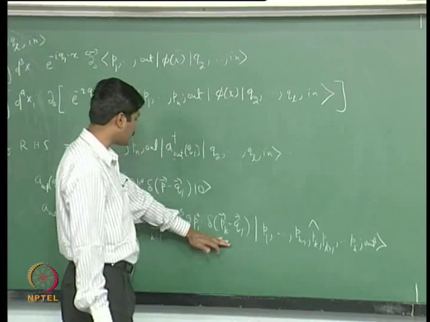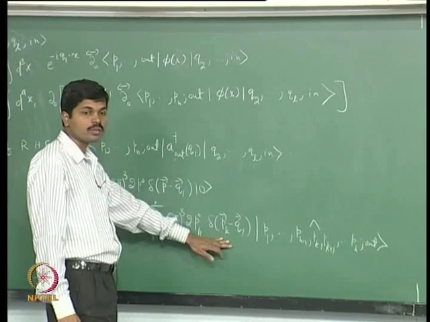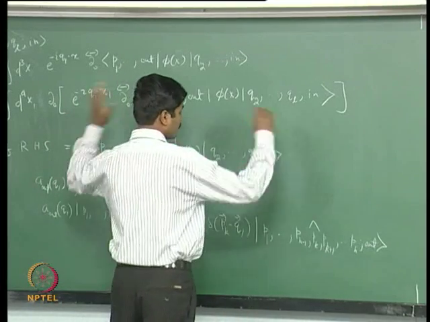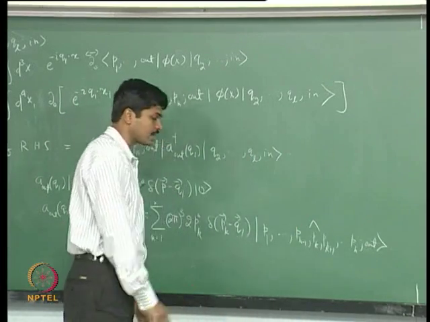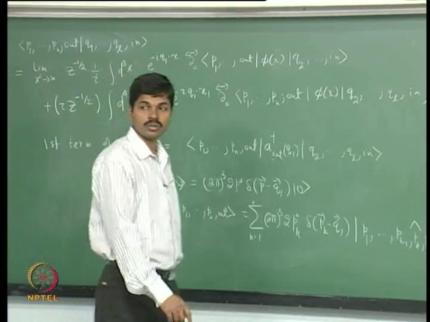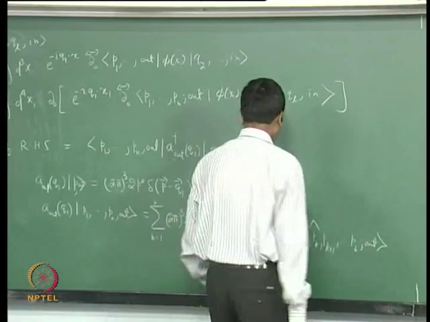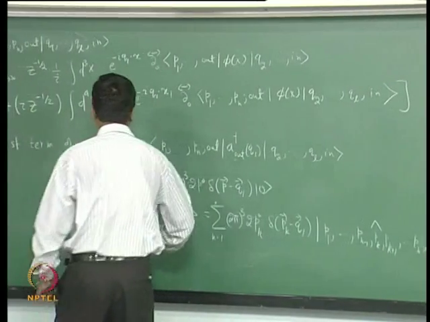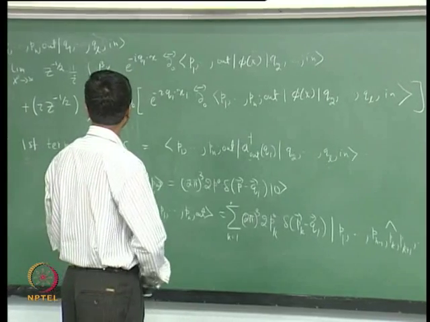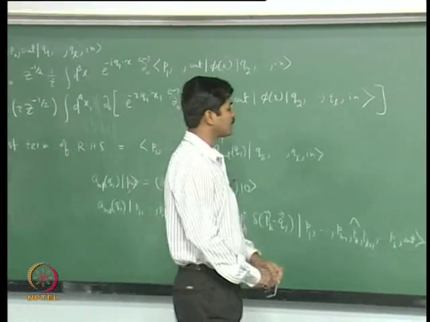I will call such a term a disconnected term, in the sense that it essentially describes a process which has one less incoming particle and one less outgoing particle. So, now let us focus on the second term.